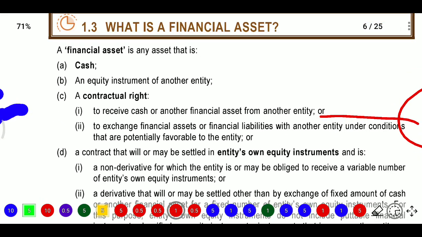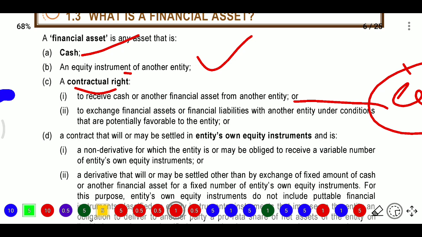So in financial assets we have cash, equity instruments where you have invested in another entity, and contractual rights. A contractual right means you have the right to receive a financial asset from another entity. It is also a contractual right to exchange financial assets or financial liabilities with another entity under conditions potentially favorable to our entity.